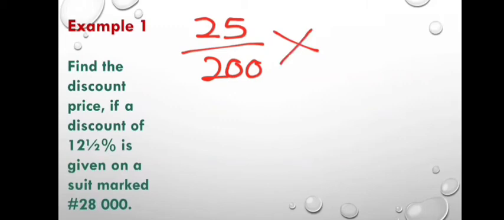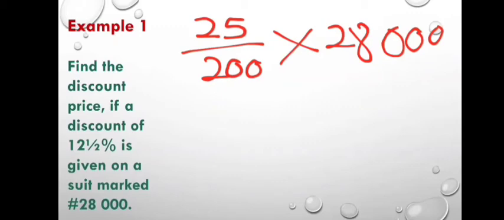Then times the marked price, which is 28,000 naira. So let's cancel out. The zeros cancel, 2 zeros here. So 2 here, 1, 2 here is 140.